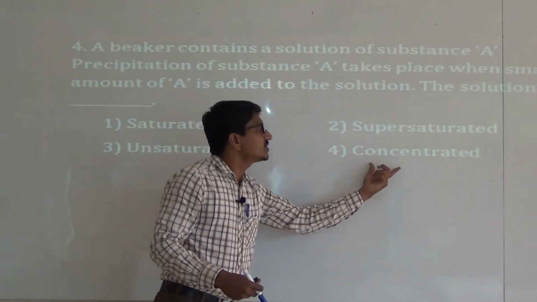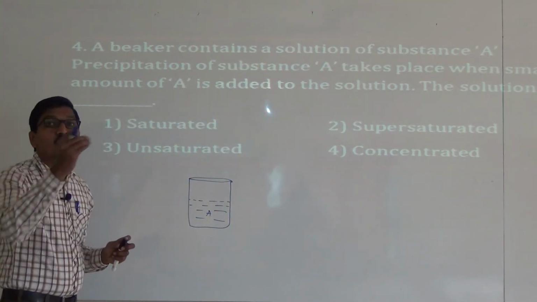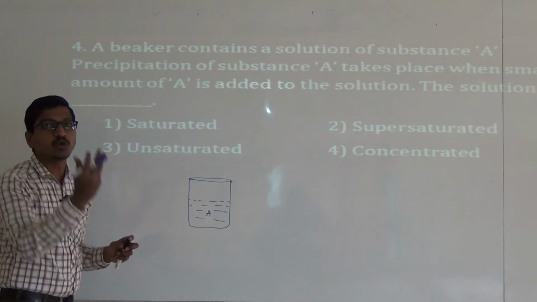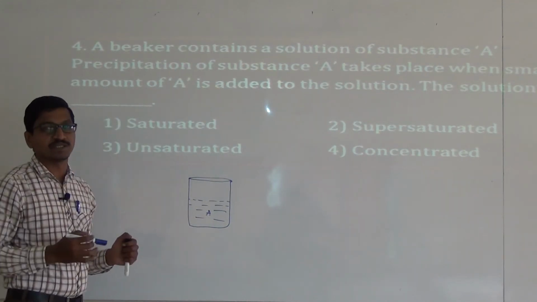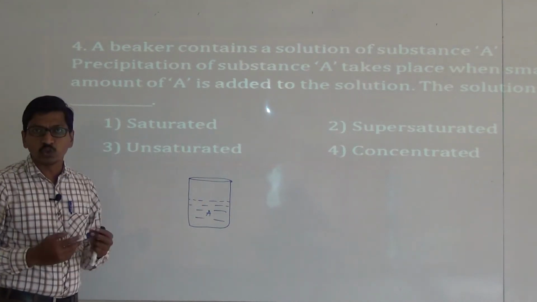Fourth one is concentrated solution. Concentrated means more amount of solute is present. Dilute means less amount of solute is present. In this case, the second one is supersaturated solution.